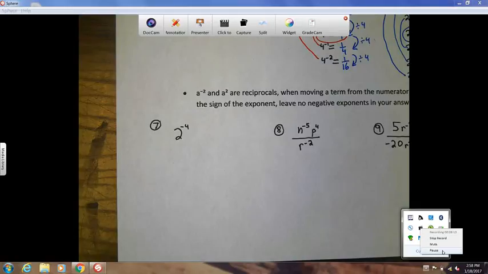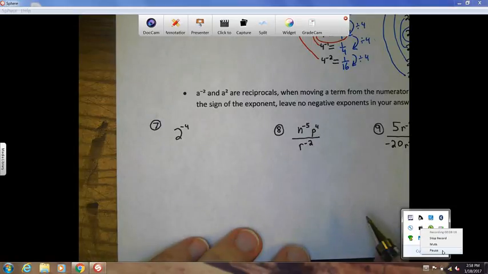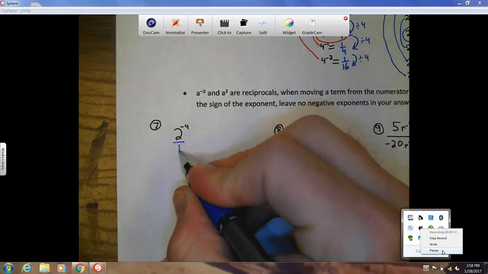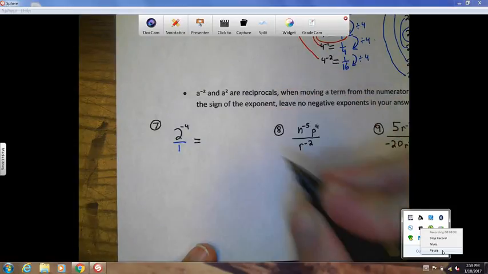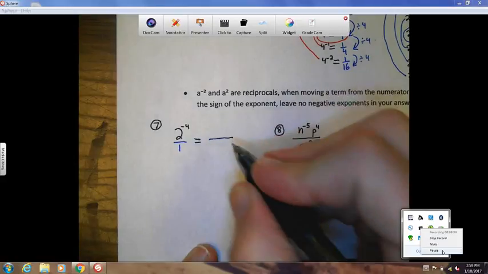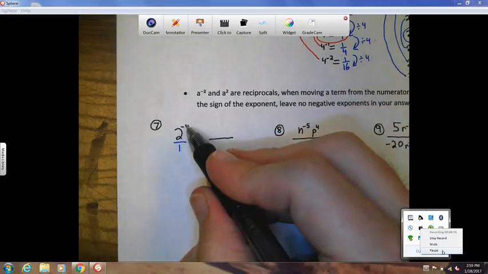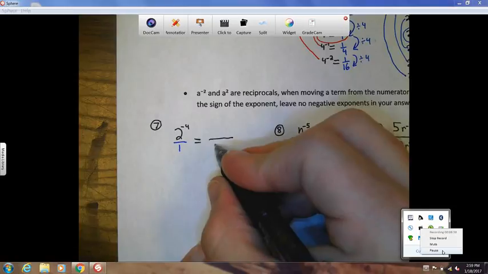So the first thing I would look at is make sure you know that this is over 1. If it's not a fraction, put a 1 underneath it so you don't get confused. I don't want to have any negative exponents. So to change this from a -4 to a +4, I move it to the denominator.